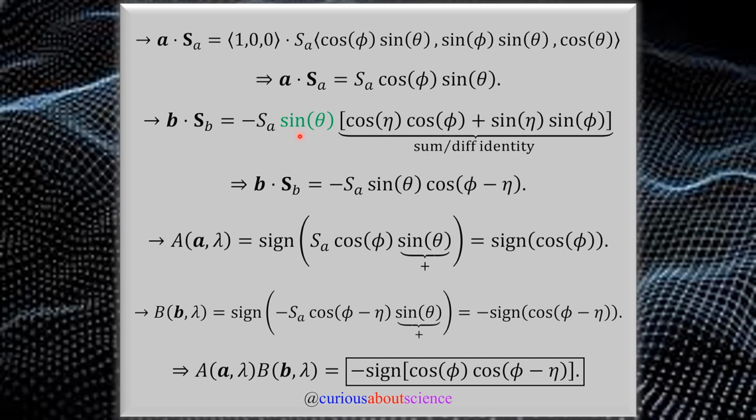Both of these have a sine theta in them, so we can just factor that out. Then from there, we see that cosine eta cosine phi plus sine eta sine phi is a sum and difference identity, so we can write that as cosine of phi minus eta. And that simplifies it down quite a bit right now.